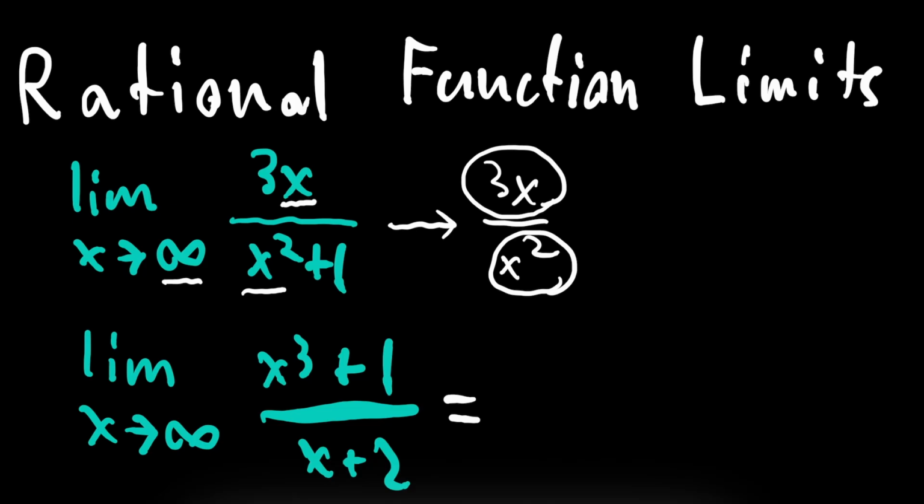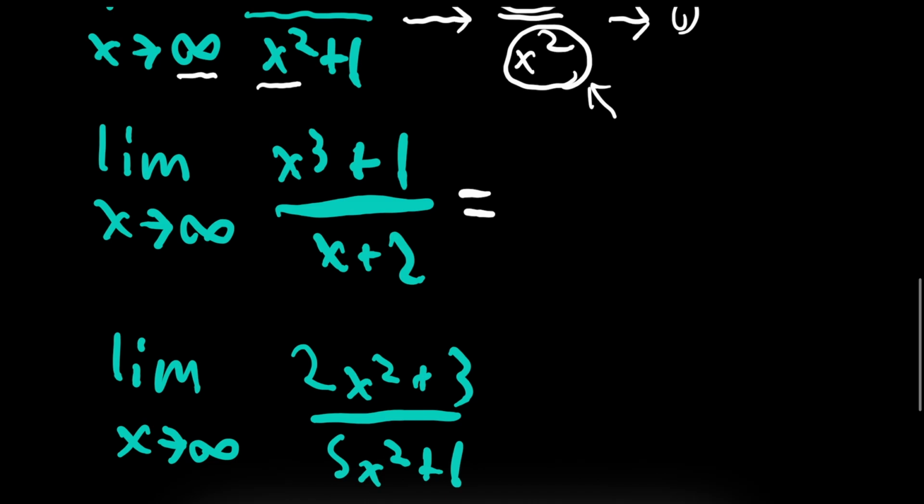The top expression grows linearly, whereas this denominator grows quadratically, right? So it is safe to say that the denominator is going to grow much faster. As a result, it's going to have a similar behavior to 1 over x in that it's going to approach the value 0, right?